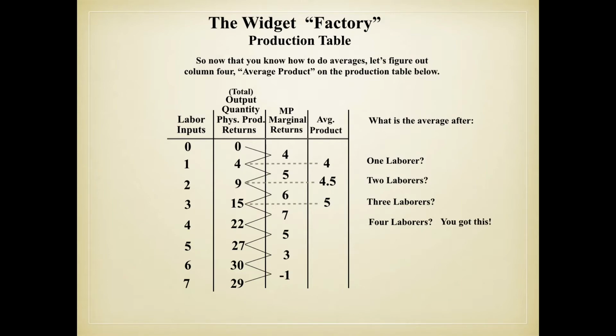You got this. 22 divided by 4, 5.5. 5 laborers. 27 divided by 5, 5.4. 6 laborers. 30 divided by 6 is 5. 7 laborers. 29 divided by 7, 4.1.